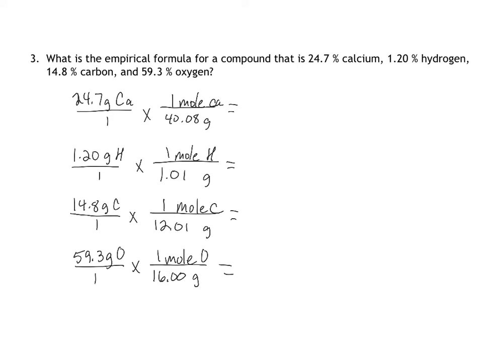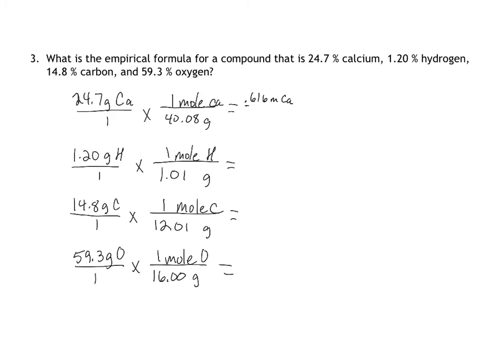Now I'm ready to put this into my calculator and find out how many moles I've got. So 24.7 divided by 40.08 equals 0.616, and that's going to be moles of calcium. So I'm going to pause this and figure out the other ones.